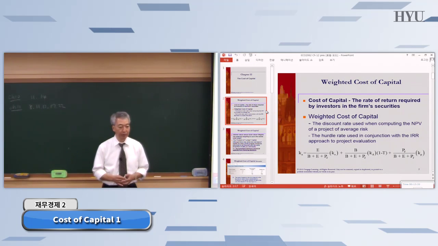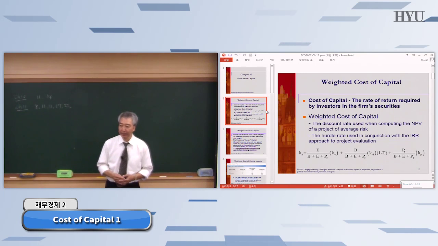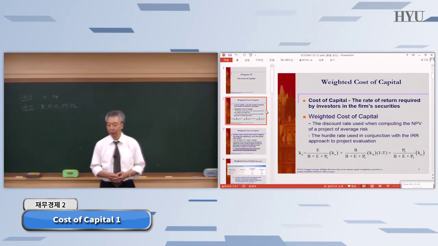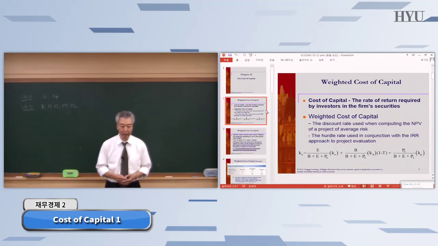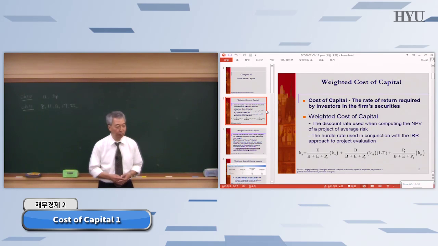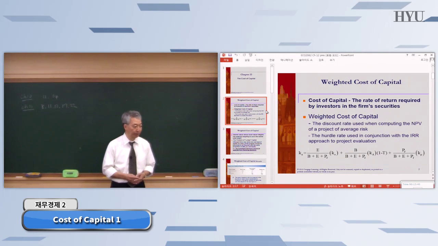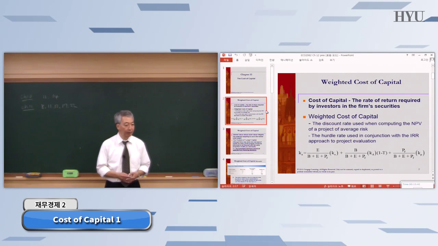Okay? So in reality, your company will contact an investment banking company, an investment banker, right? And tell them that, well, we are going to start a new project and we expect to use about $500 million. Okay? So what's the best way to raise this amount of money? Right? Then the investment banker will give you advice, right?